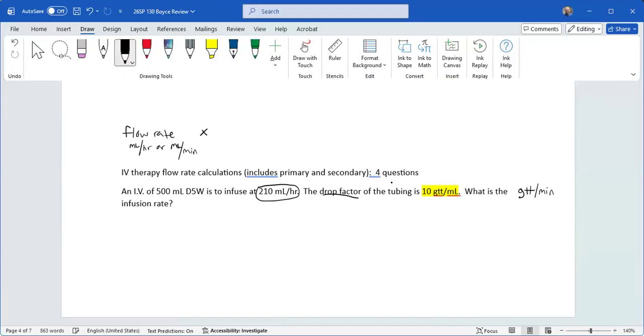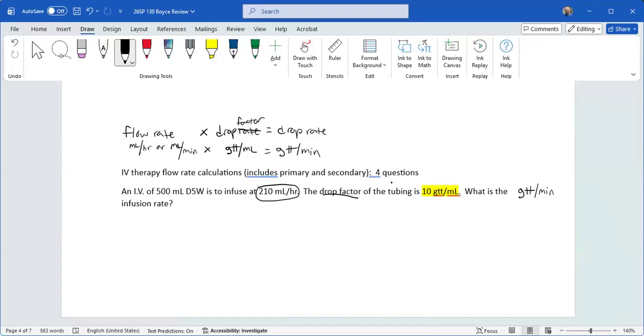Then you want to multiply by the drop factor, which will be given to you, and that's going to be in drops per milliliter. That information will give you your drop rate, and your drop rate is in drops per minute.